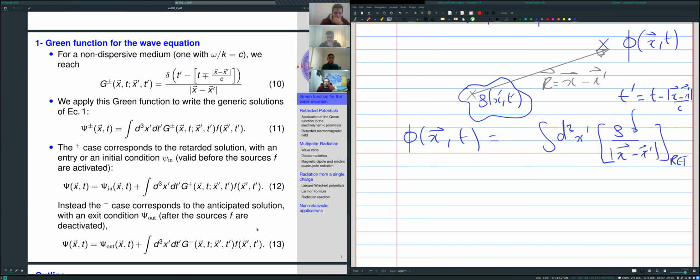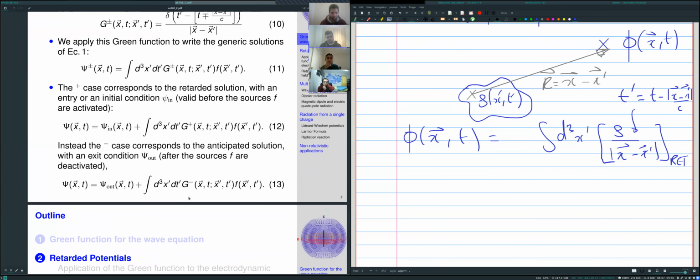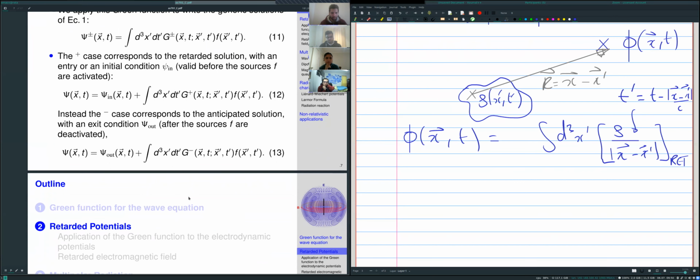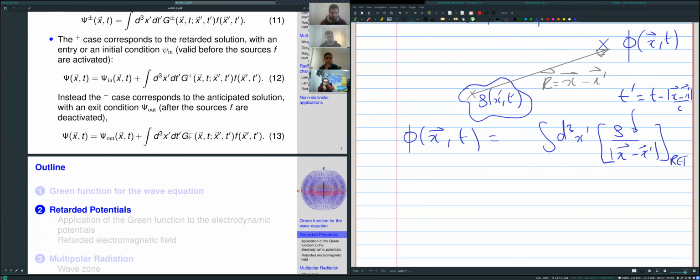But I think that you followed me so far about the retarded potential, the retarded case, which is the one that we'll be needing to calculate the fields caused by moving charges. Okay, I ask you to please give me a few days, so till Thursday, to refresh my memory and go back to this point, which is really important.